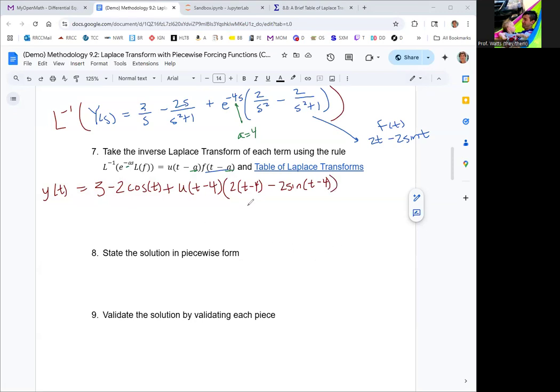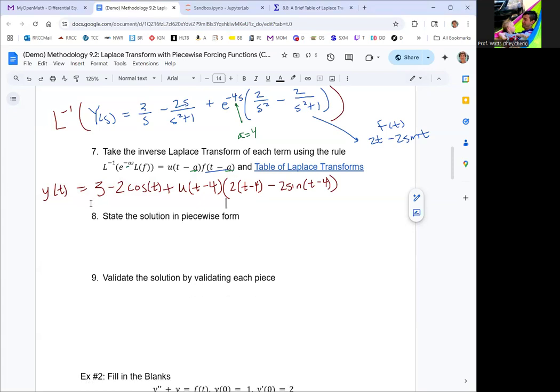And then you can simplify, well, you can't, right? You could distribute that, but it doesn't really help. All right, so that's our solution with the unit step function. If we want to go back to piecewise form, the first piece is just the part outside the unit step function, right?